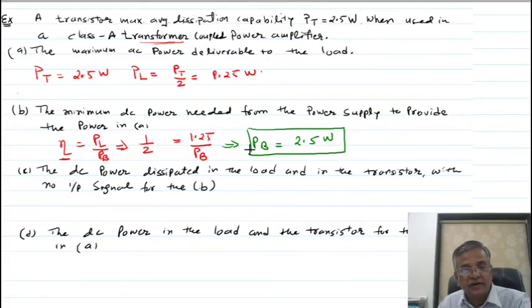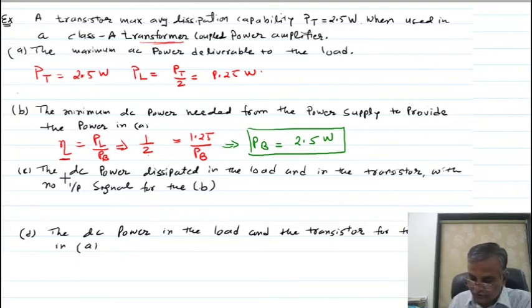In the previous problem it required 5 watt, where the efficiency was 1 by 4, if you remember. In this problem, the efficiency of the transformer coupled amplifier is 50%, means 1 by 2. So the power supply PB is 2.5.